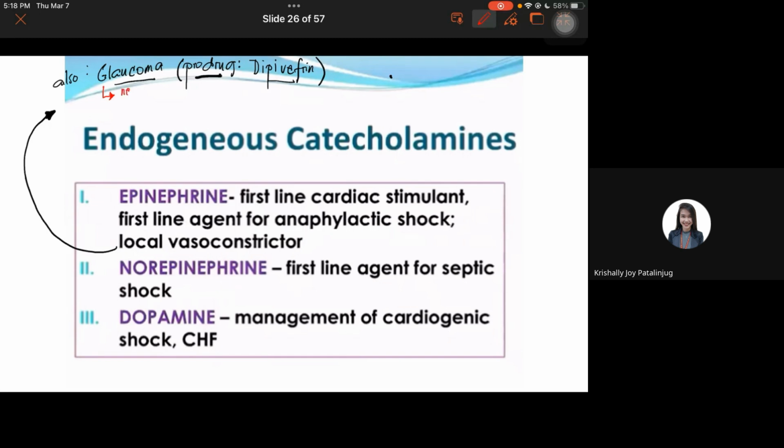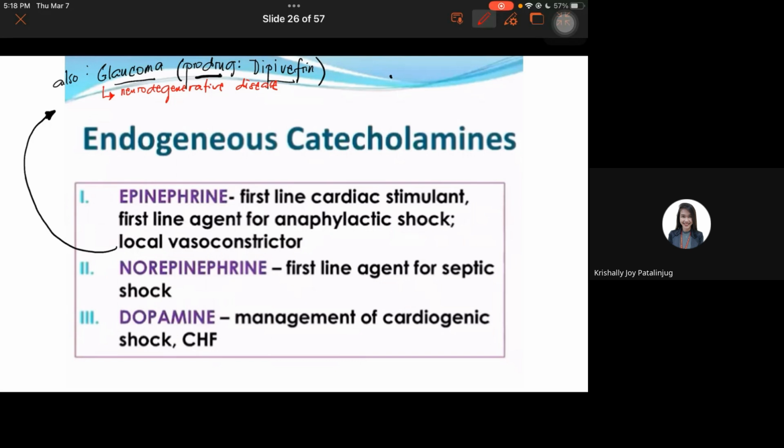So yung glaucoma is actually a neurodegenerative disease. Neurodegenerative disease. Okay? So isa siyang neurodegenerative disease and the cause of this condition, it has something to do with the sensory nerve sa mata na being damaged.